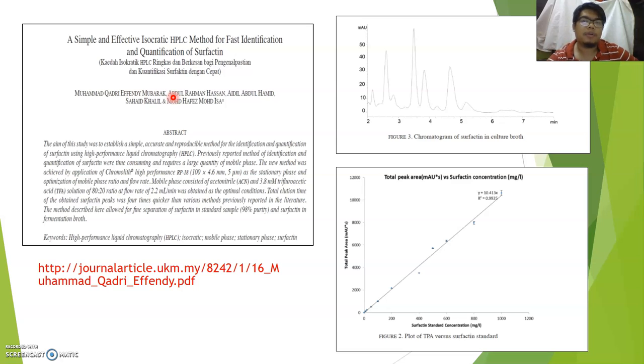However, we improvised this method. We used another column, the newest column at that time. So we were able to reduce the analysis time from 40 minutes to 12 minutes.